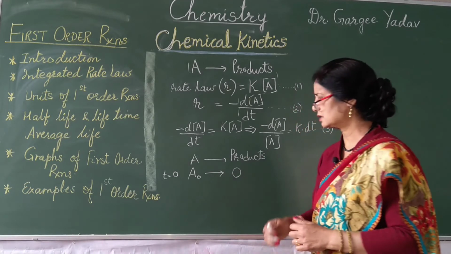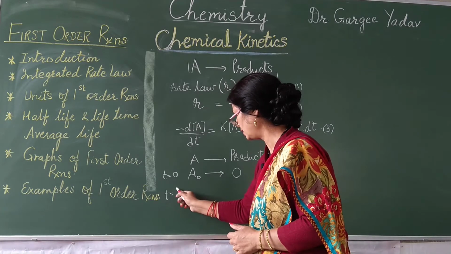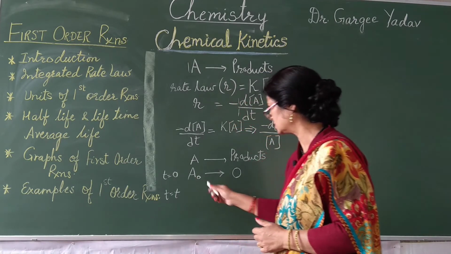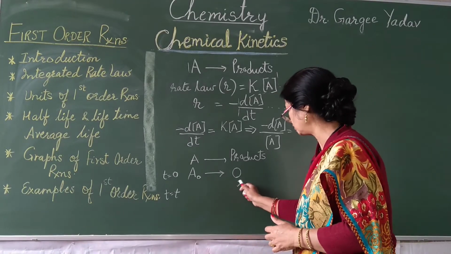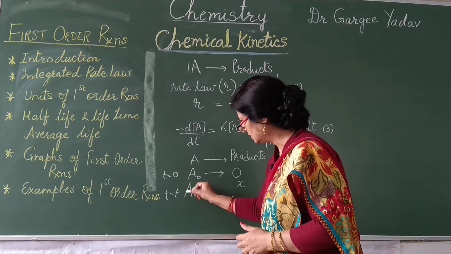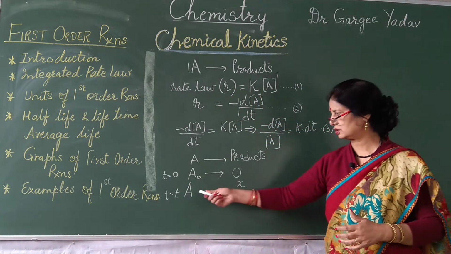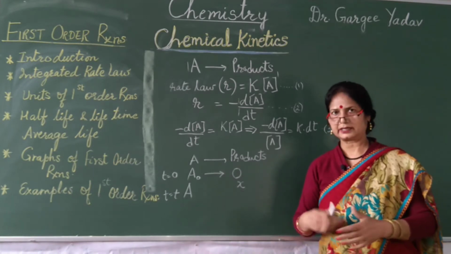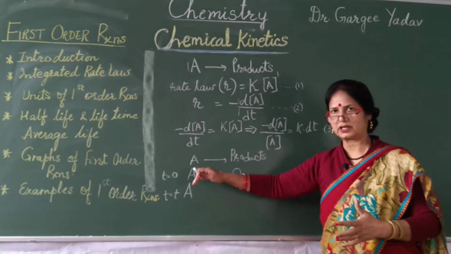Suppose after time t, when a small amount of A0 has decomposed or reacted, x amount of product has been formed, then at that instant let the concentration be A. So our final concentration is A at any time t, and the initial one is A0.